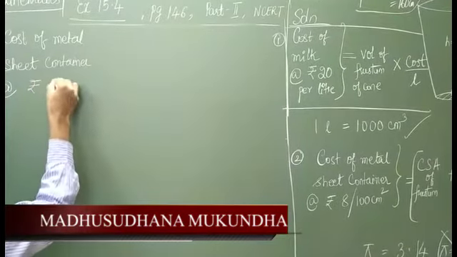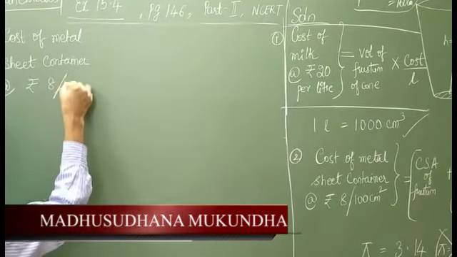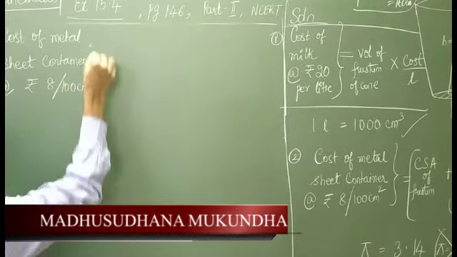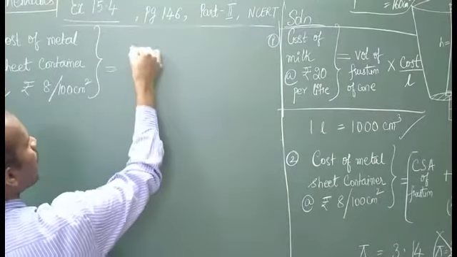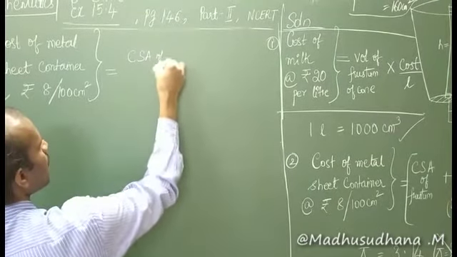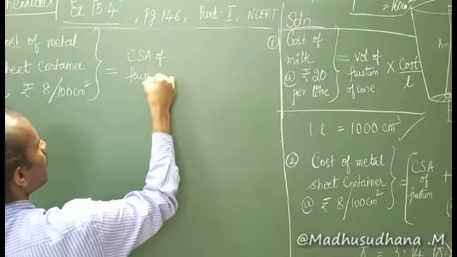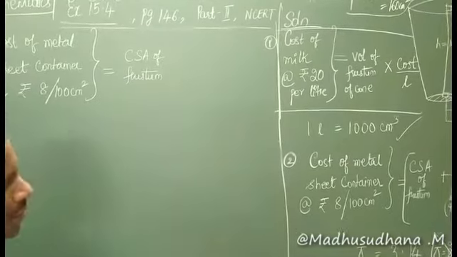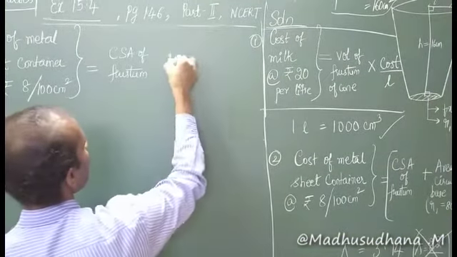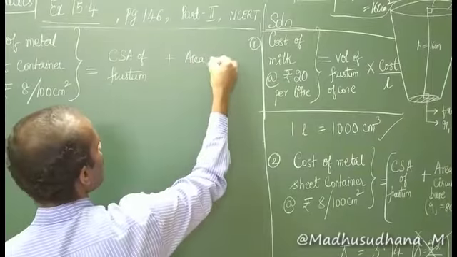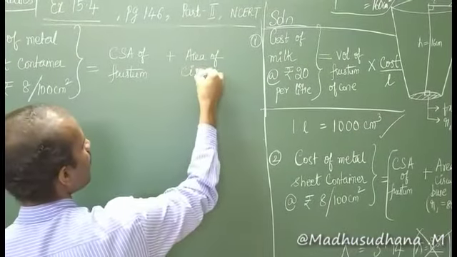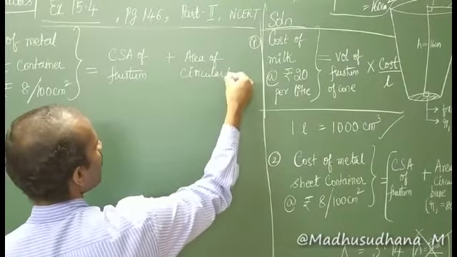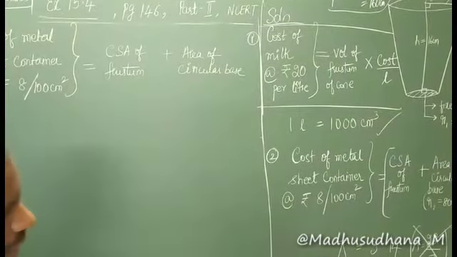At rupees 8 per 100 centimeter square. So this is equal to what? The CSA of the frustum plus the area of the circular base, with R1.